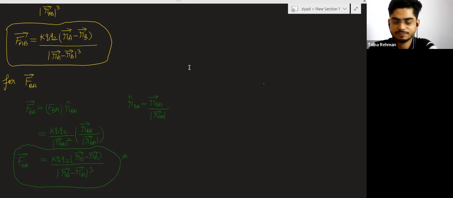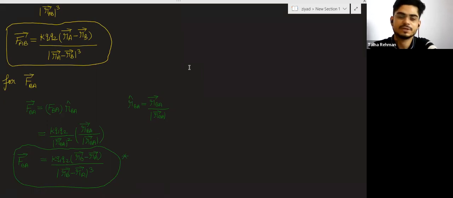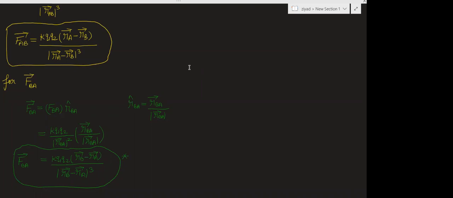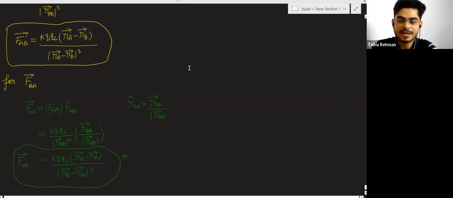In 80% of cases there is no use of formulas. You know the basic formulas, what the electric field is and what the force is, but formulas will not always help. You have to understand where the force is going, and what the direction of the force is.